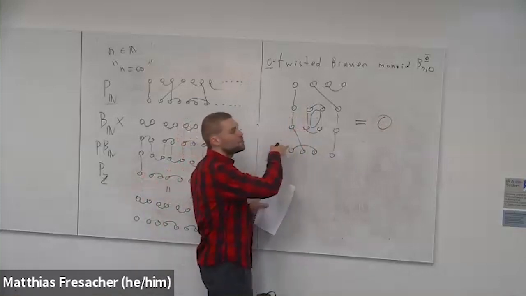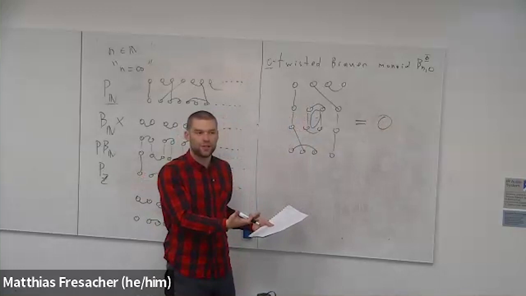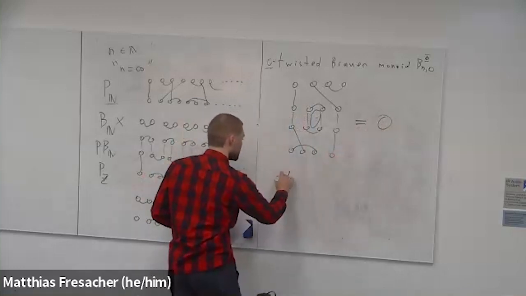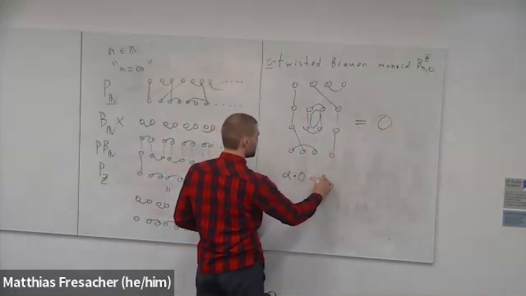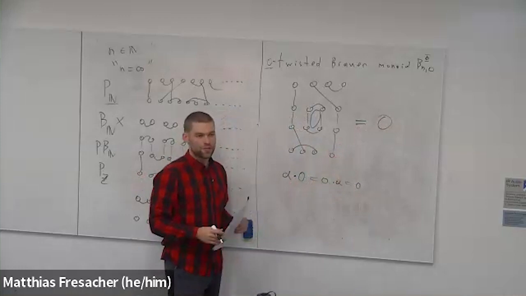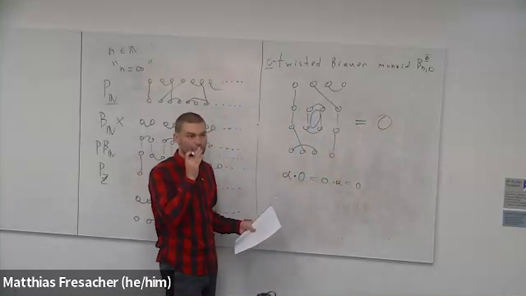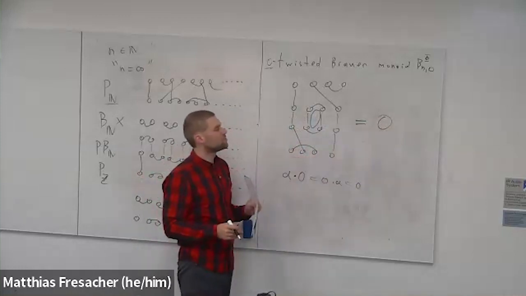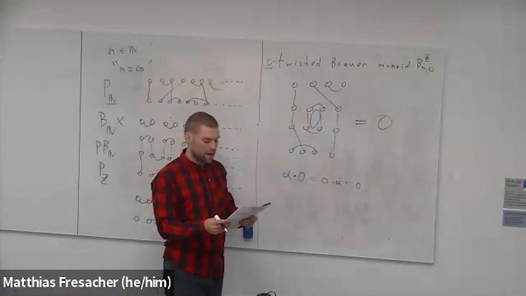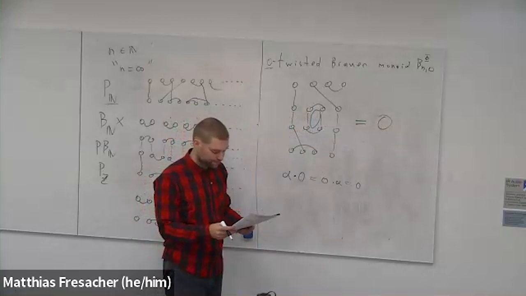If I didn't have a loop, we'd have the same concatenation as we did before. And obviously, as you expect, any diagram multiplied by 0 is always just going to be 0. So essentially, we have all the same diagrams that we did before, plus a special 0, and we're slightly modifying the way we multiply our diagrams together.